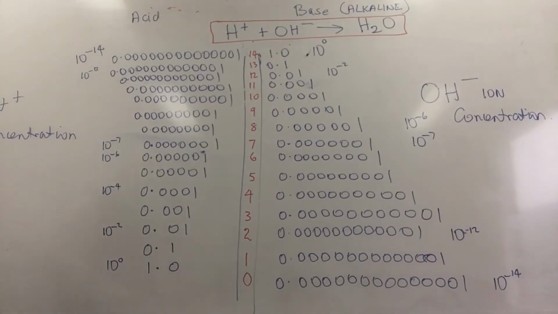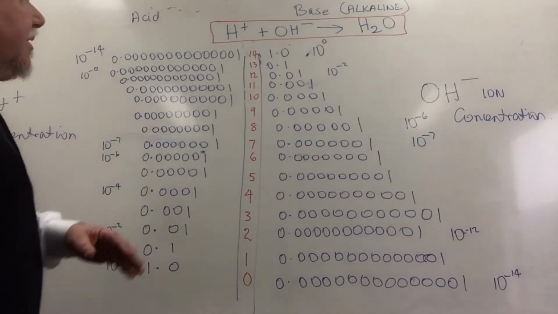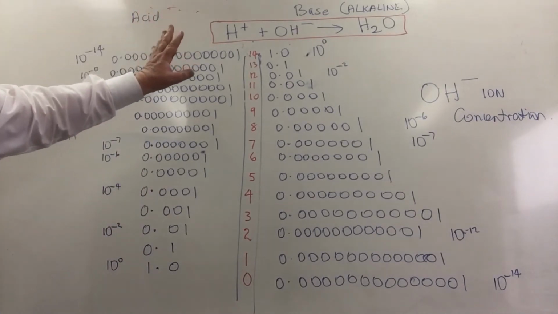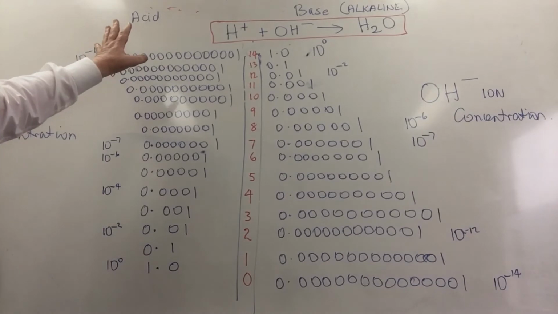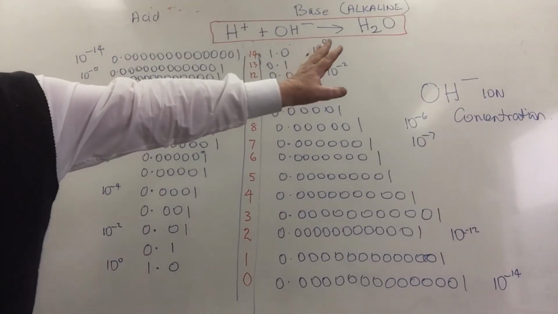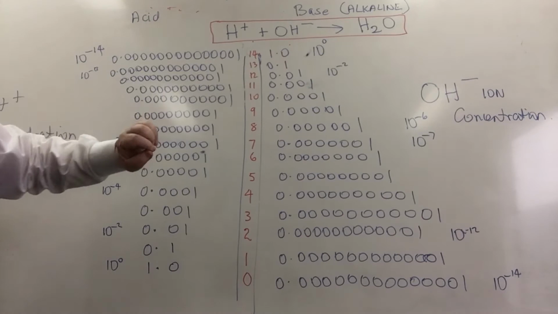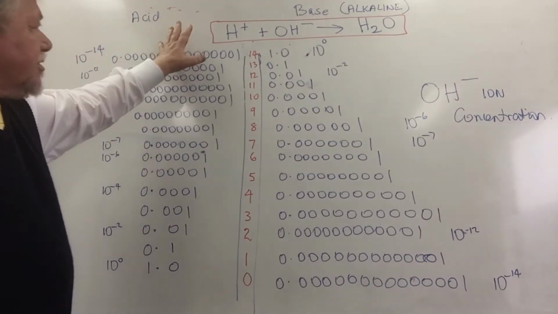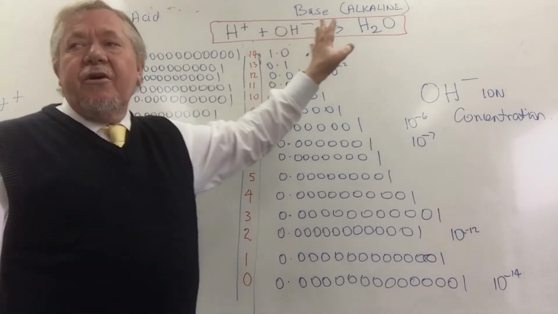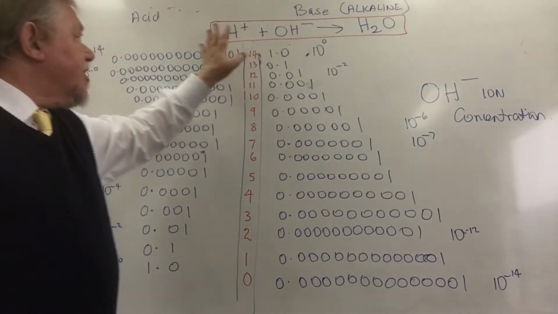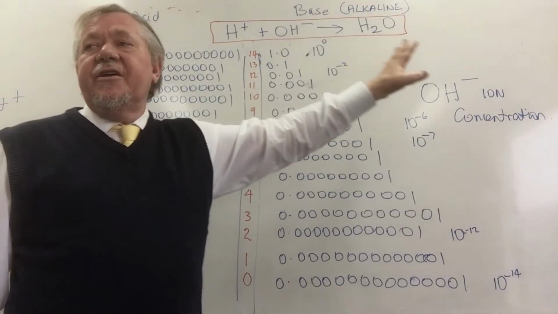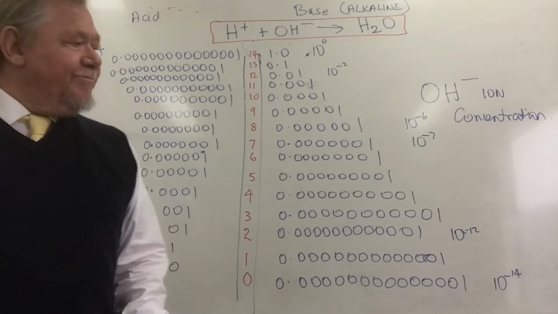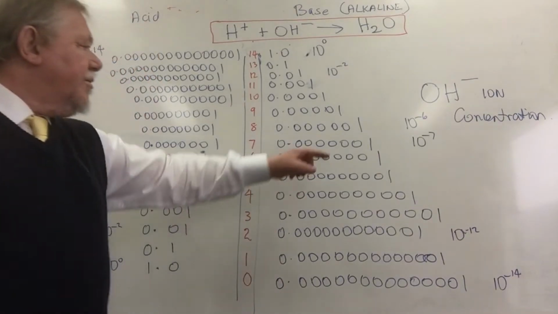From the last slide, you could see that pH is the power of hydrogen. On one side we've got acids, and on the other side we've got bases. We're talking about H plus ions and OH minus ions, and H plus ions and OH minus ions become water.